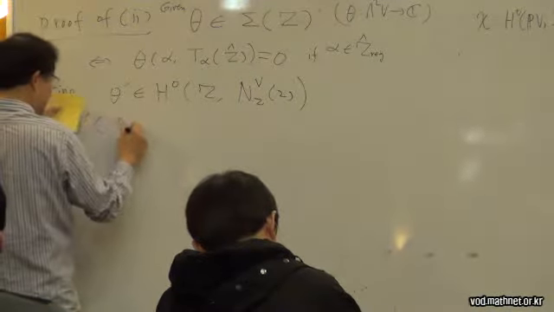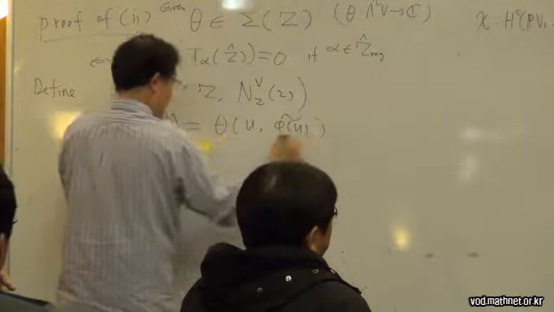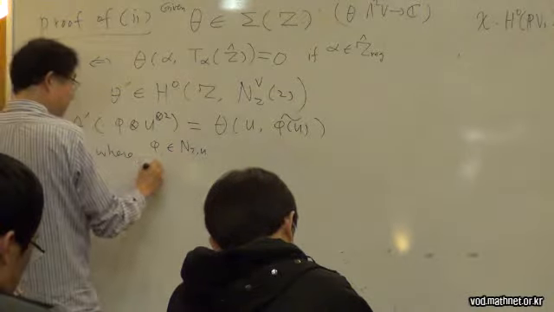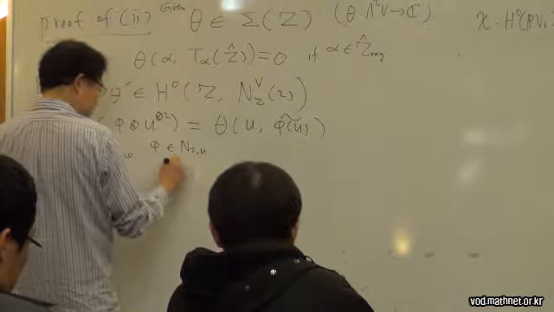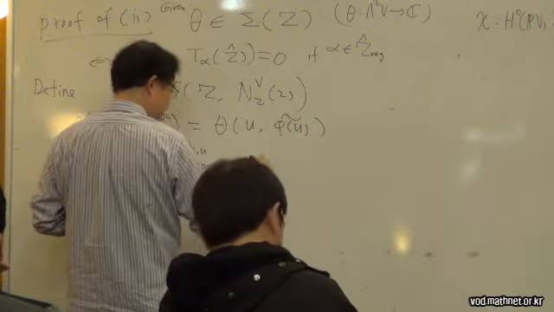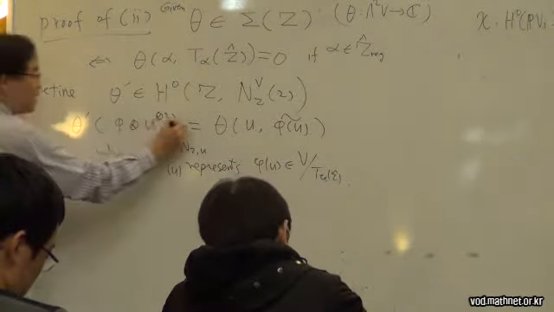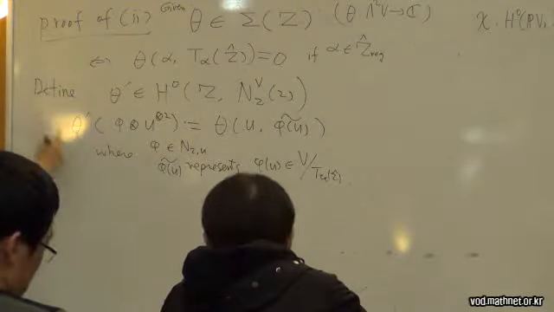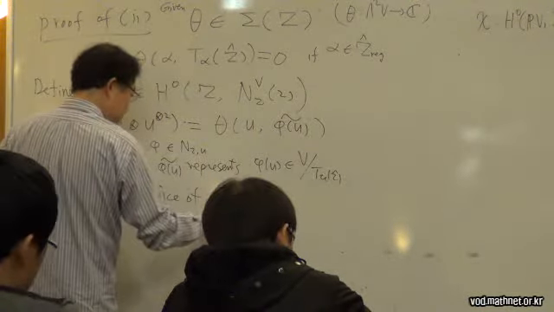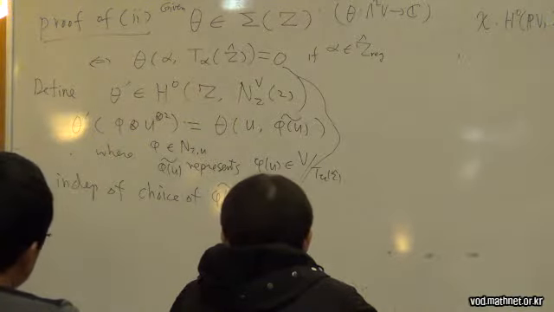So theta prime(p) tensor phi, where, in the same way as before, phi is in the normal space N_Z and phi(u tilde) represents phi(u) in V modulo T. Okay, so we define an element here associated with theta in this way, and this definition is good, independent of the choice of u tilde because of this. Because this is 0, it's independent. You can choose it arbitrarily.